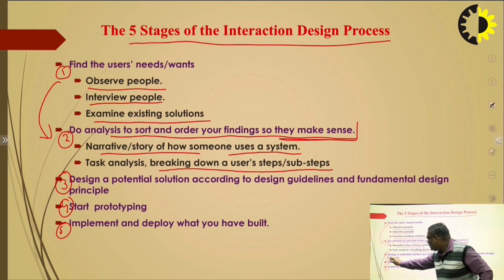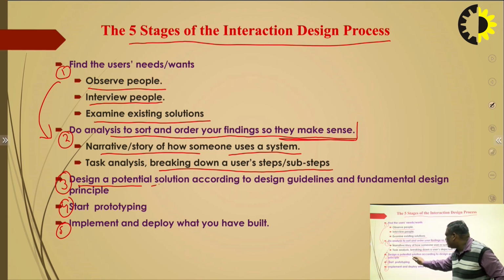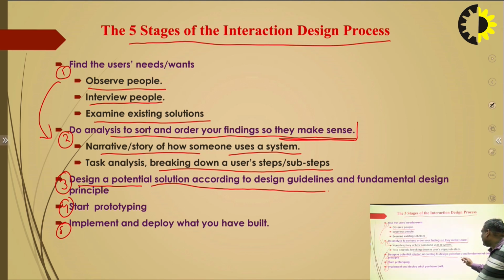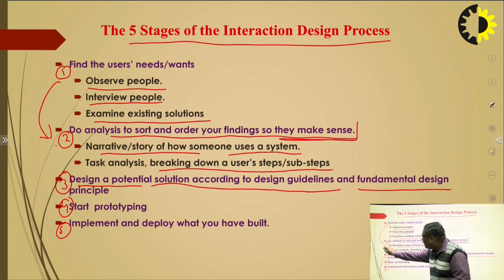The third one is design a potential solution according to the design guidelines and fundamental design principles. According to the principles, we create a design layout for a particular story.